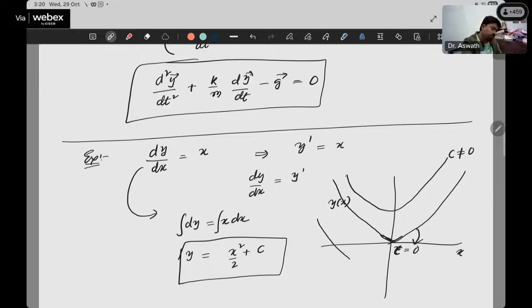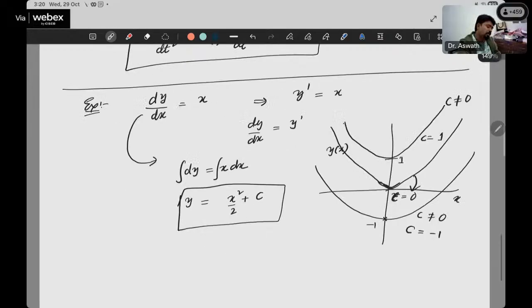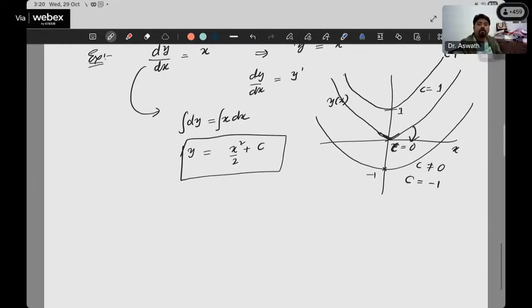I may have one more, c not equal to 0. If this value is -1, the c value is -1. If this is +1, the c value would be 1. So if the derivative is equal to the independent variable, I have a family of curves as the solution.